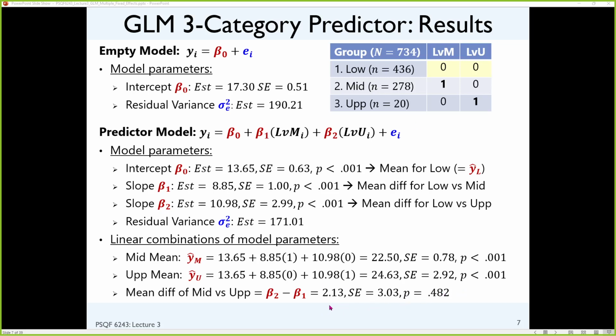Yep, okay. So the difference of how the upper group differs in income from the middle group is 2.13. That's what the model says it is. However, the model also says that the expected inconsistency of that difference is 3.03 across samples. So if I do 2.13 divided by 3.03, that gives me my t. It's going to be less than 1.